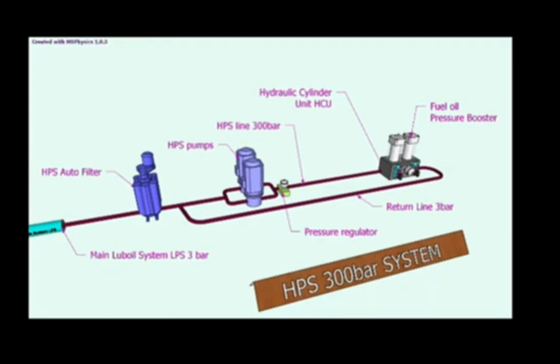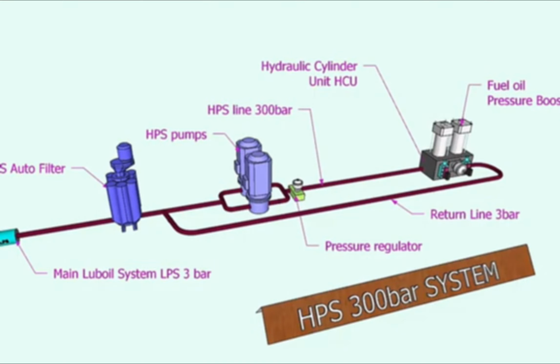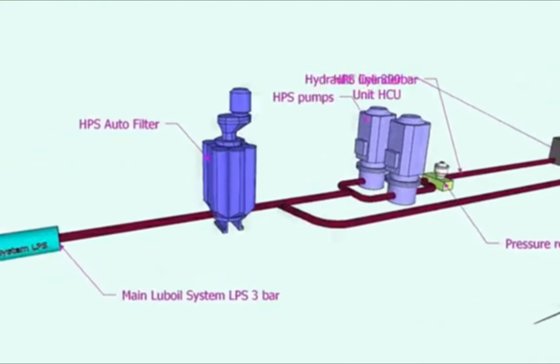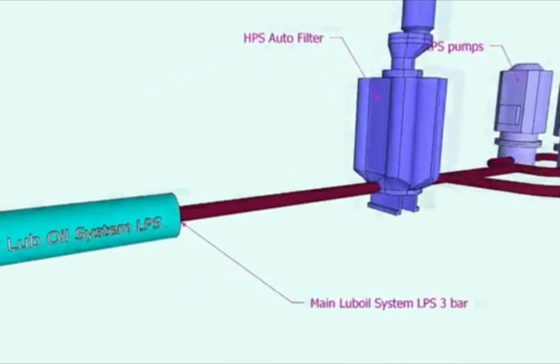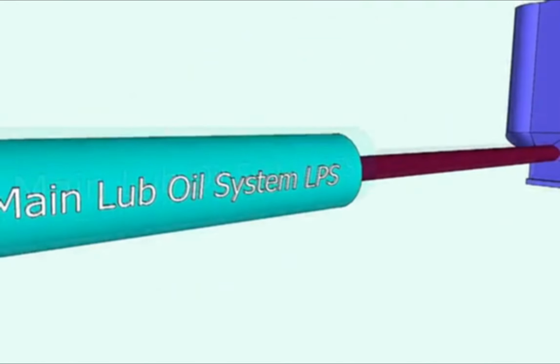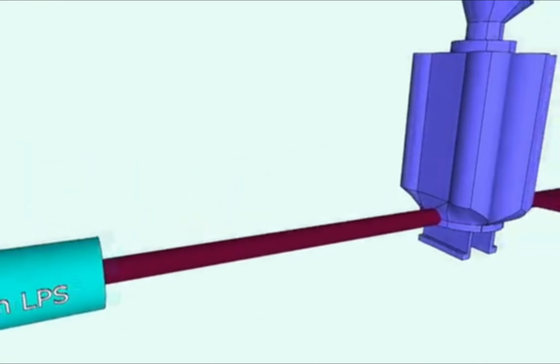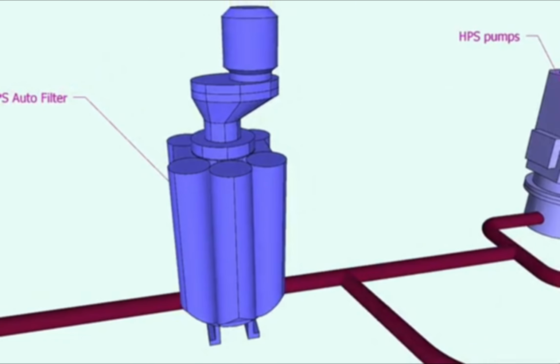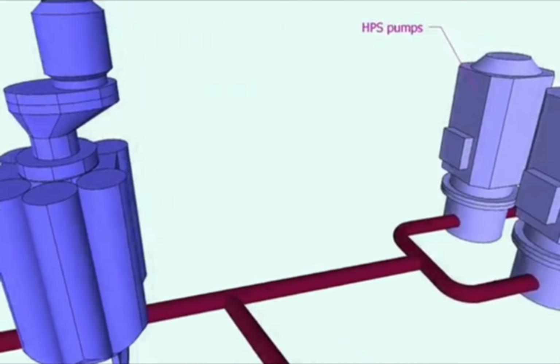This oil is further fine filtered by the auto filter unit and then pressurized by two electrically driven pumps to 300 bar. For this, an accumulator block is also used to get a stable oil supply to the hydraulic control units where the fuel injection pumps are fitted.